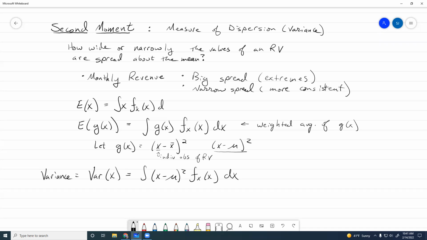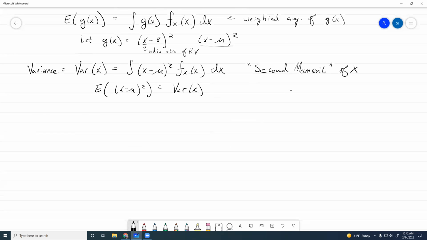This is the definition of the second moment of x, which is just the variance, and it's a measure of the spread. We can also write this as the expected value of x minus mu squared.